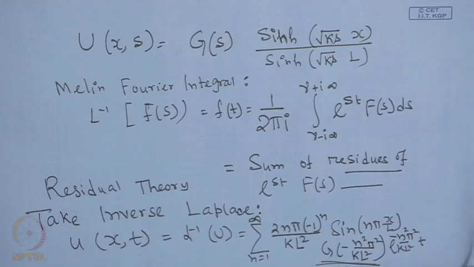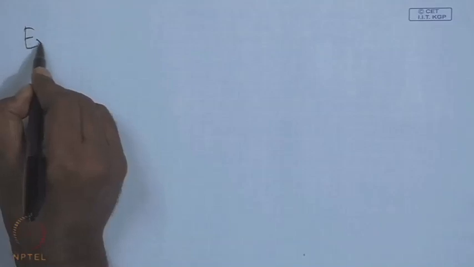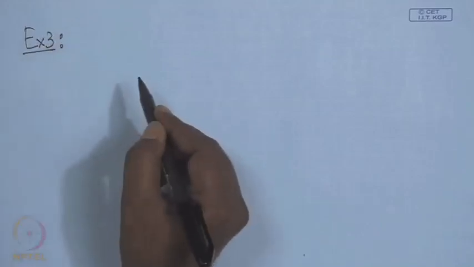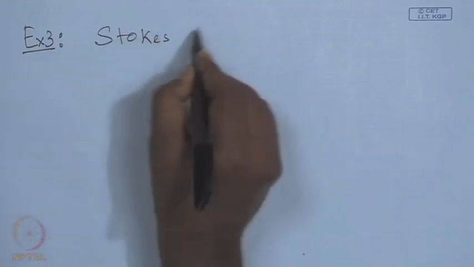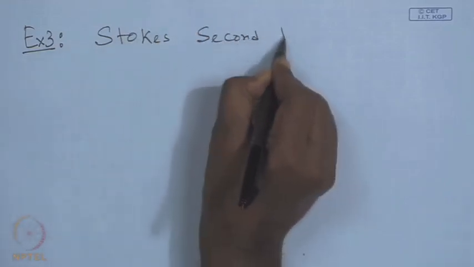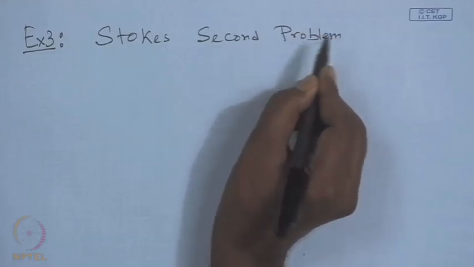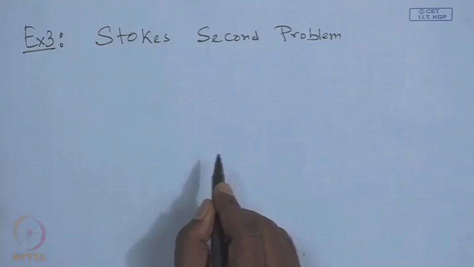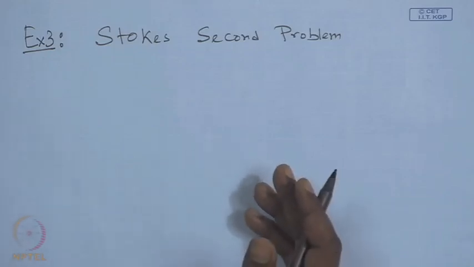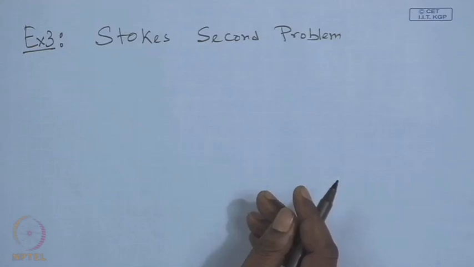Okay. Next, we take up one more example in the Laplace transform, that is Example 3. This problem is Stokes' second problem. If we remember, we have already talked about Stokes' first problem. If there was a stationary fluid and we put a plate, then at time t equal to 0, this plate starts moving in the forward x direction with a uniform velocity u naught.